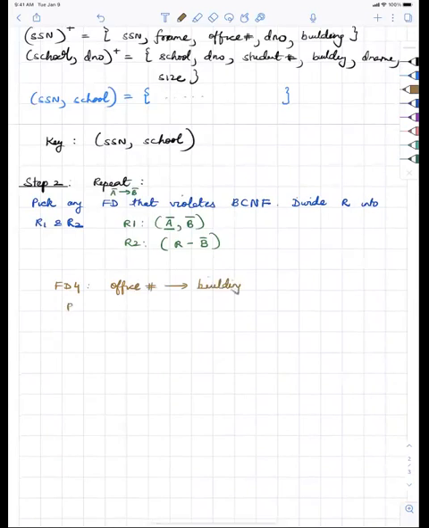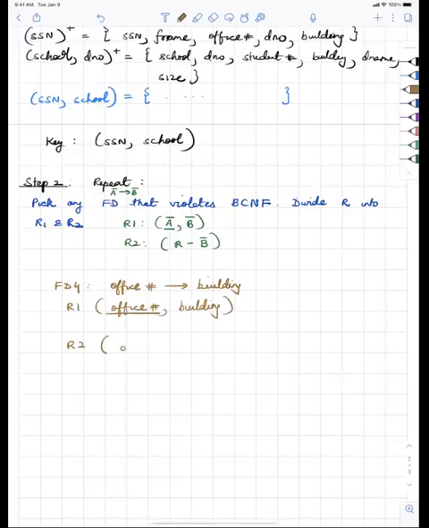So we have R1, and then R2 is going to be just the rest of the fields.